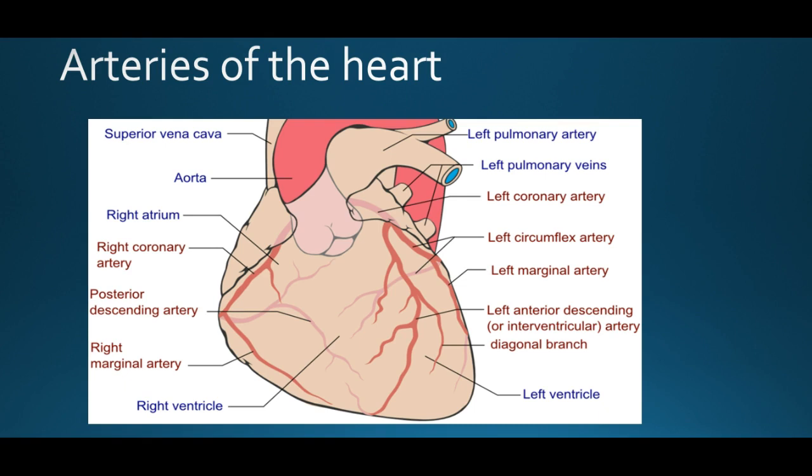So now that we've covered that, this is just showing us the different branches that pull through the heart from the aorta, having been supplied with fresh oxygen.